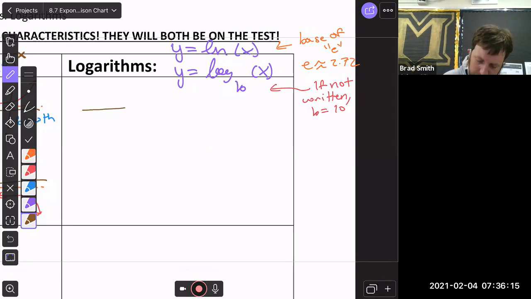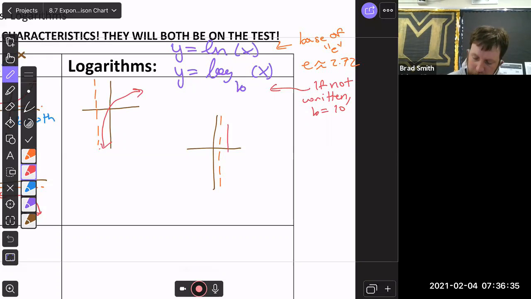All right, so let's look at our different pictures. So I've got my asymptotes. I'll keep it the same. You can have one here, it doesn't matter, give or take. So I can have a sketch that looks like this, or I can have a decay one that looks like this.